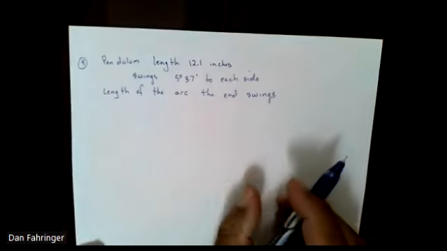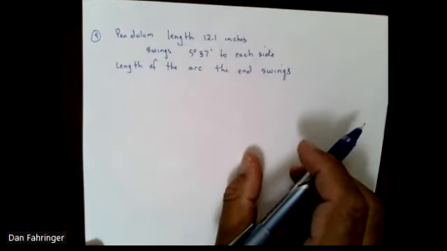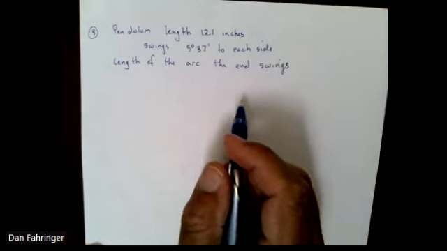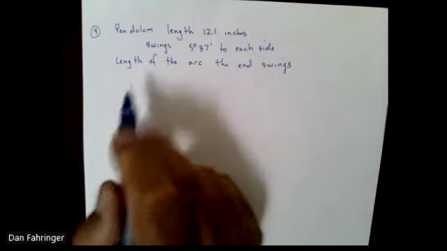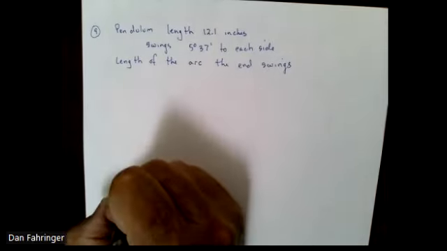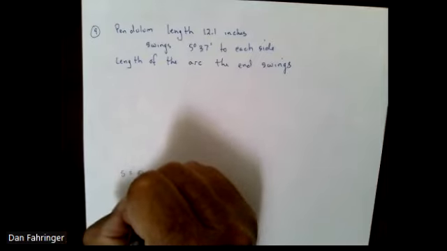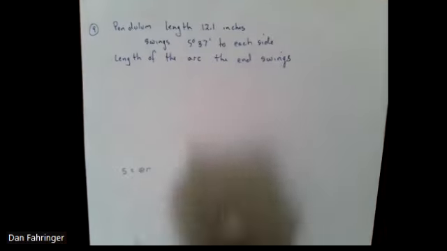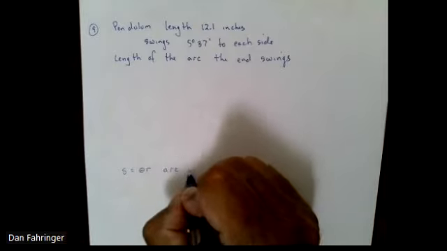The second one was back in chapter 2. And you were talking about getting these set up. So I'm going to do number 9 from that chapter 2 test. Okay, I remember that I had some formulas. S equaled theta R, and that was for my arc length.